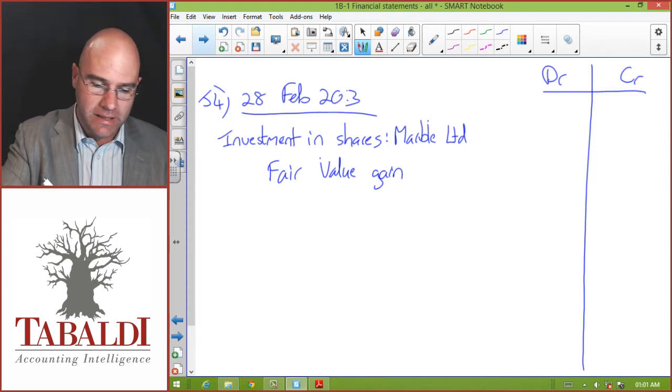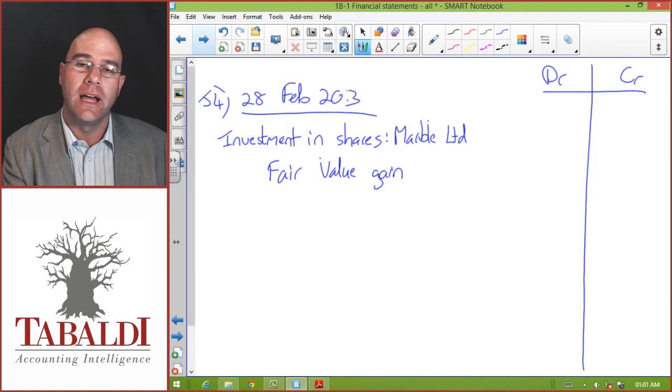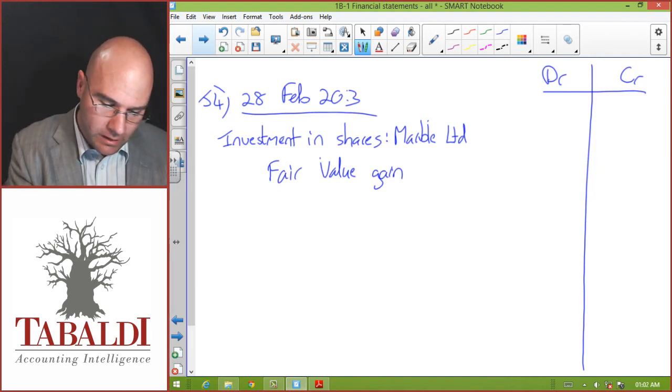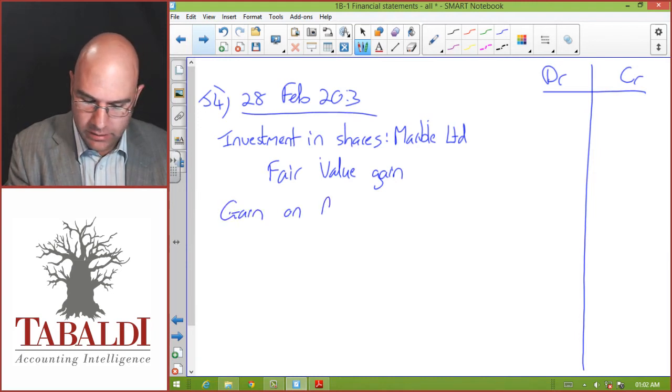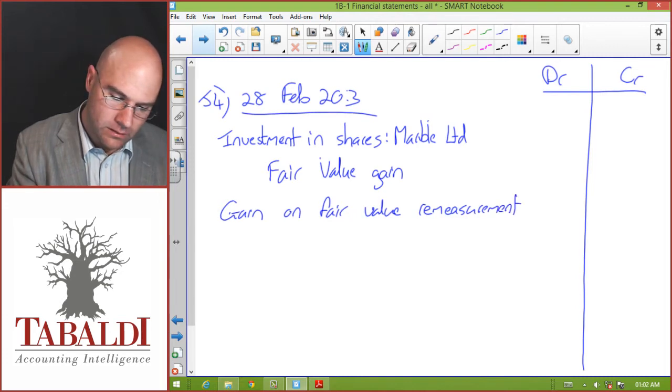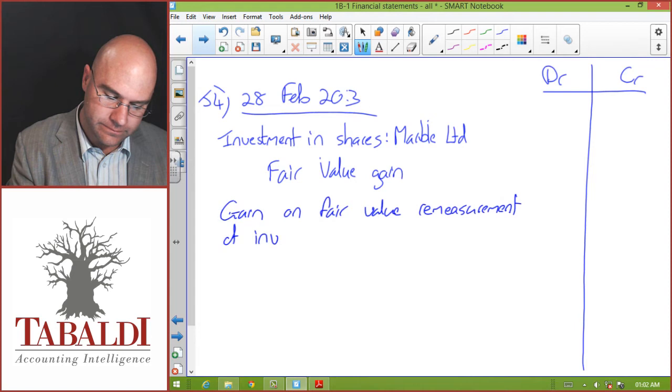Now, this fair value gain, we need to write out the description of what the journal is. So this will be a gain on the fair value remeasurement of the investment in shares.